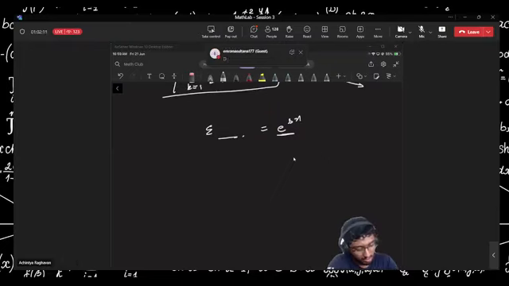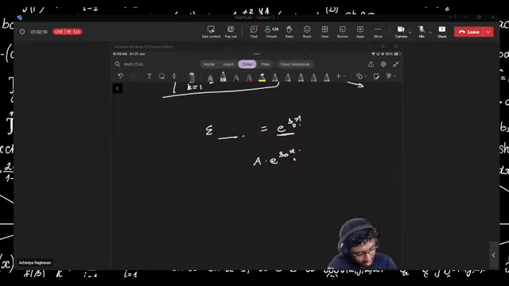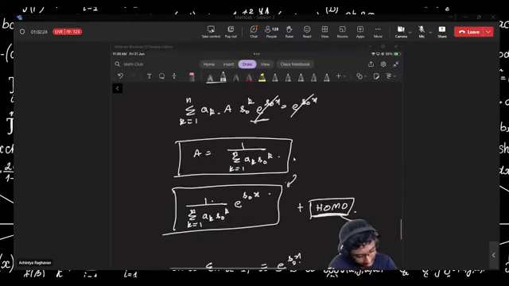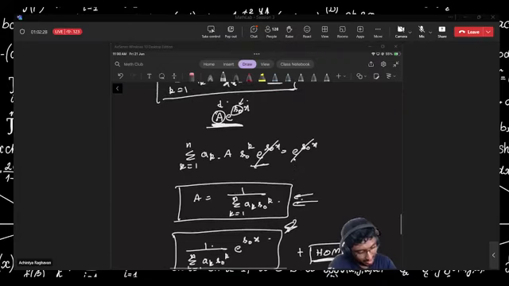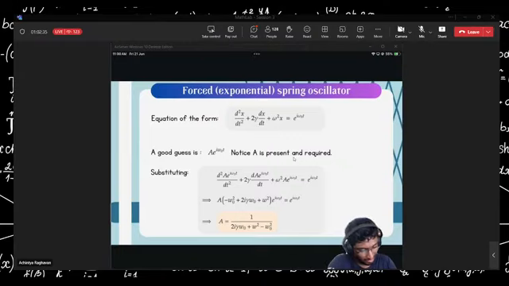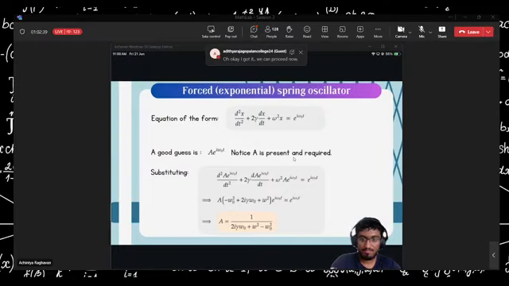What you do is assume the solution is of the same form, but scaled. You assume the solution is of this form, substitute, and find that it is in fact a solution, and you can find the value of A. The value of A is here. This is for the general case. In this particular slide, I have taken just a string oscillator, and here I substituted A e power i omega naught t. After solving that, you get the value of A. Is that clear, or do you want me to explain it again?